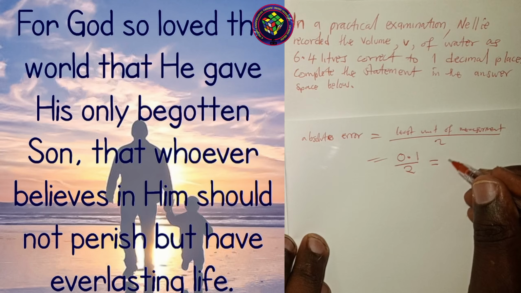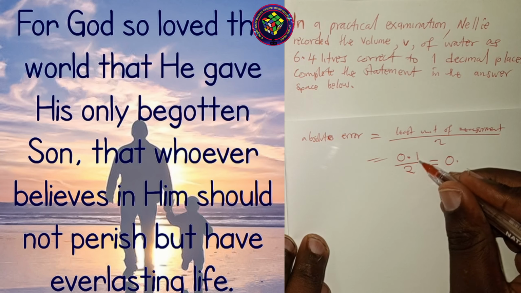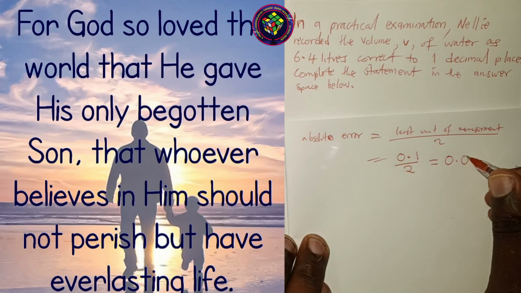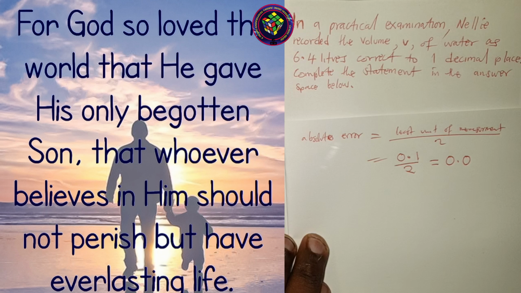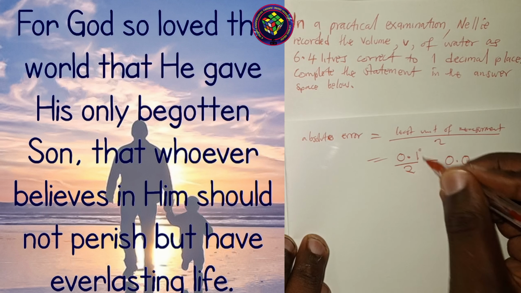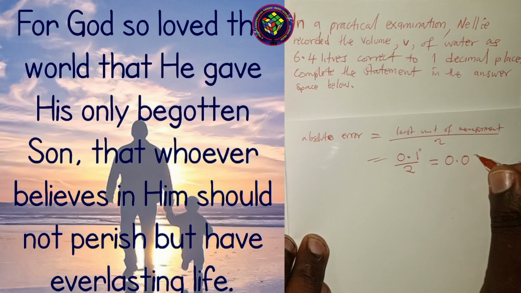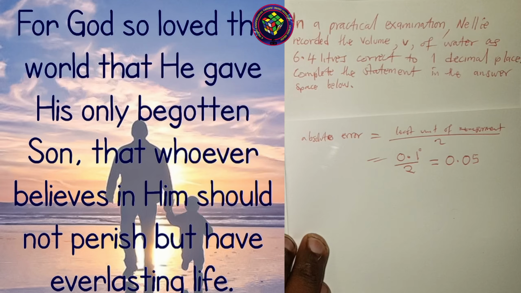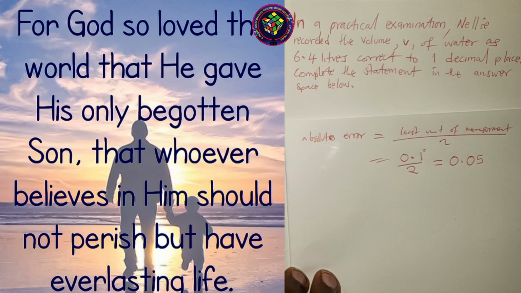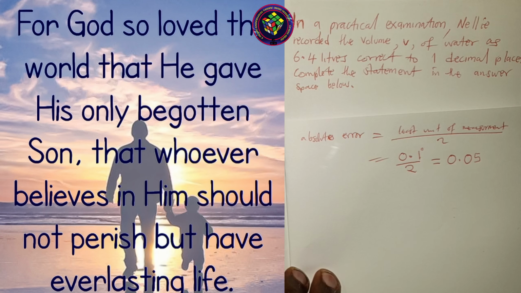So 2 in 0 is 0 point, 2 in 1 is also 0, then the remainder will be 1, so you add the 0 to 1, and 2 in 10 is 5. So the absolute error is 0.05. Okay, so we need to know the lower limit or lower bound, and also the upper limit or upper bound.